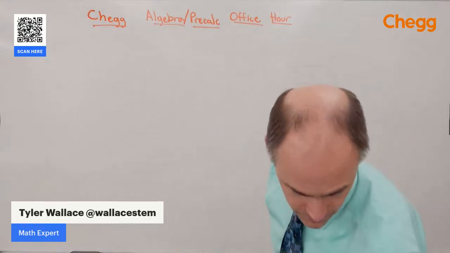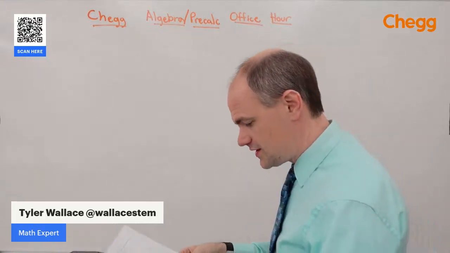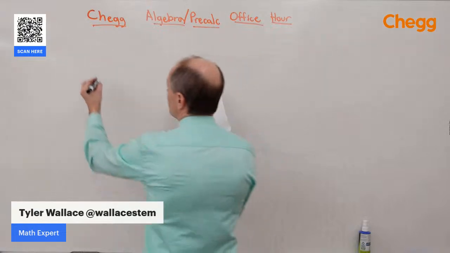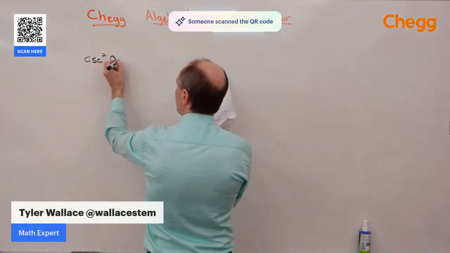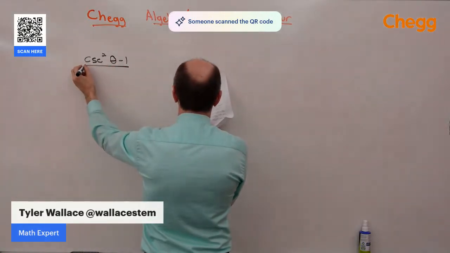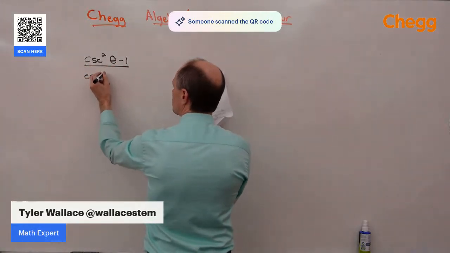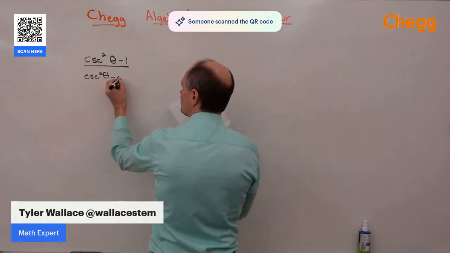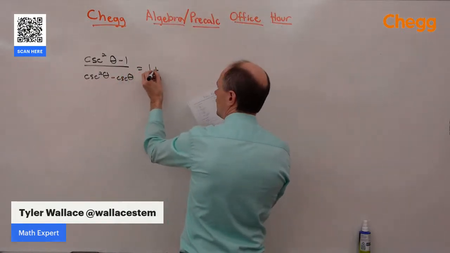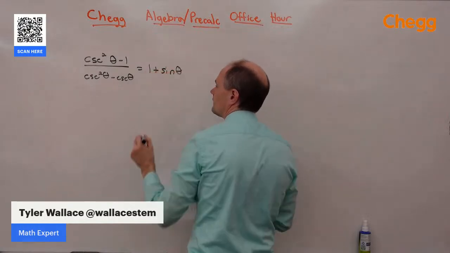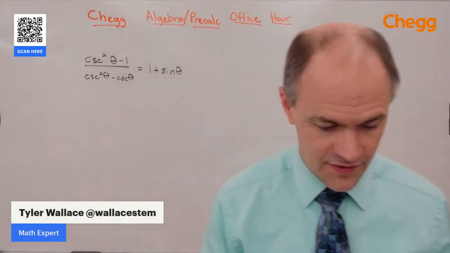All right. We want to do some proofs. Let's say that the cosecant squared of theta minus 1 over the cosecant squared of theta minus the cosecant of theta, that is equal to 1 plus the sine of theta.